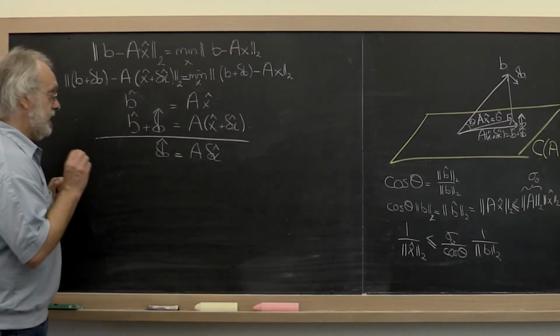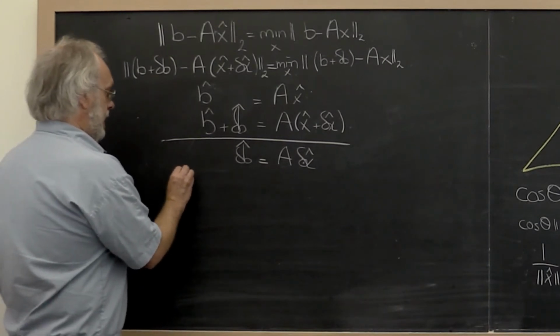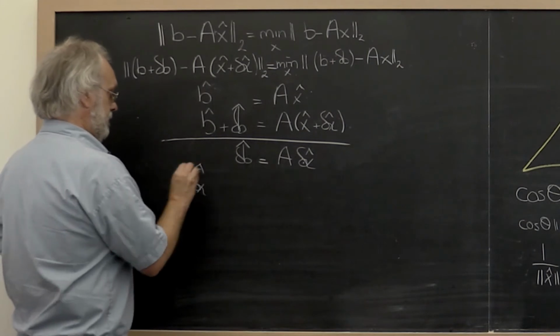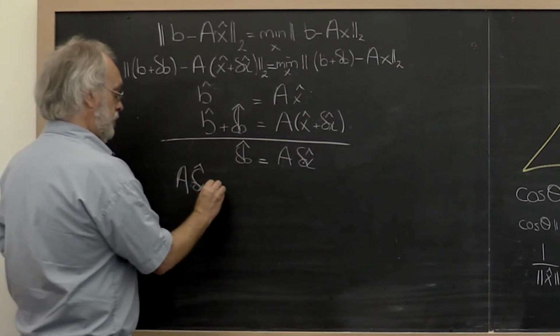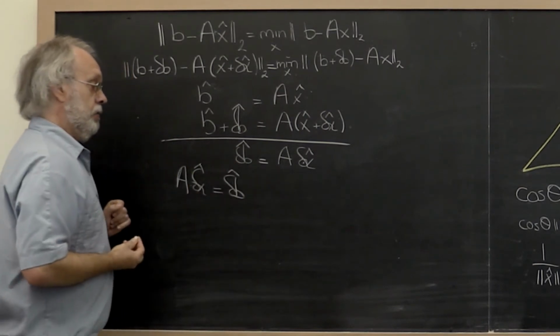All right? Now, we can rewrite that as A times delta chi hat, the change in the solution, is equal to the projected change in the right hand side.